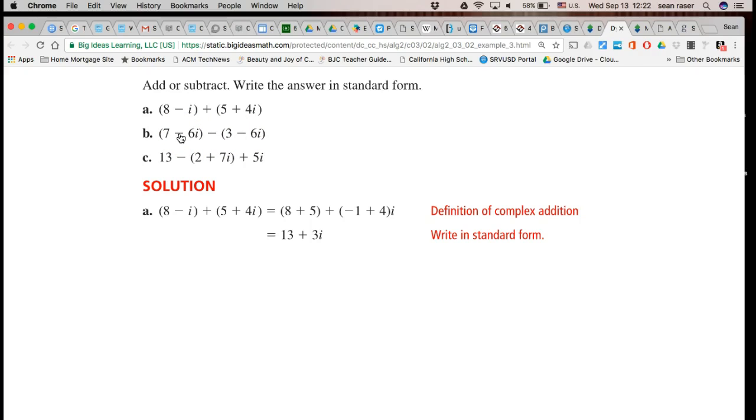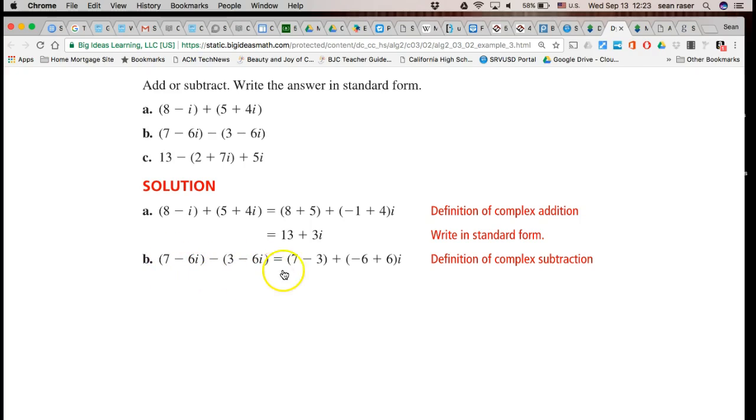So for B, we're going to have our real component, which is going to be 7 and then 3. So we're going to be taking 7 minus 3. And then for our imaginary component, we're going to have negative 6, and then we're going to be subtracting negative 6.